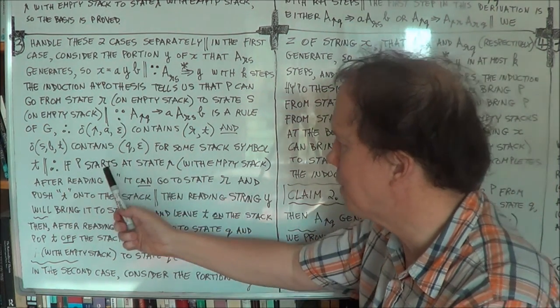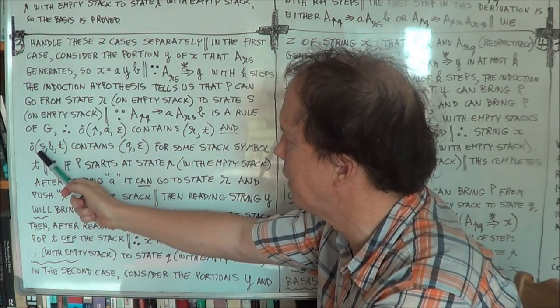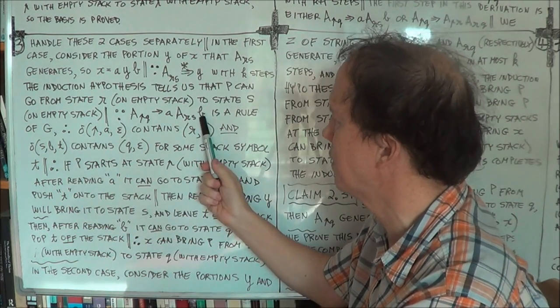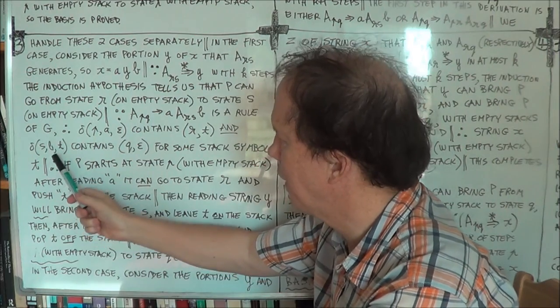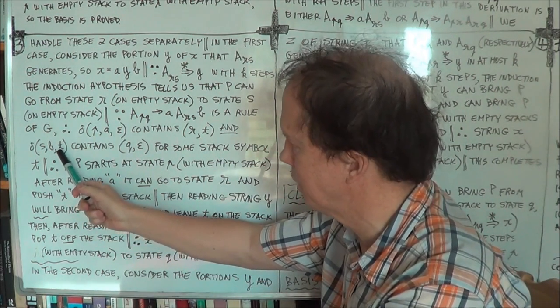So the final state here is S, and then we read a b, well that fits. We read a b and we pop the stack with a T on it.